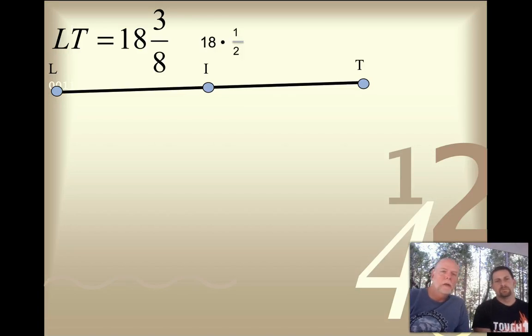So we go 18 times 1/2, which is the same thing as dividing by 2. But we have to be careful with it. It might be better to multiply by 1/2 because of the fractional part here. The 3/8 part is similar.